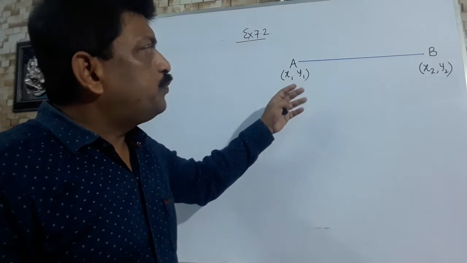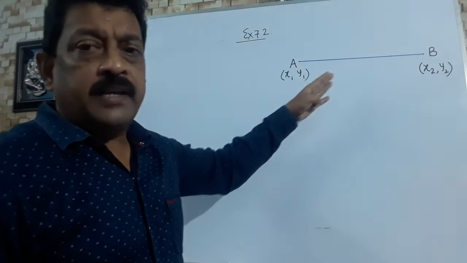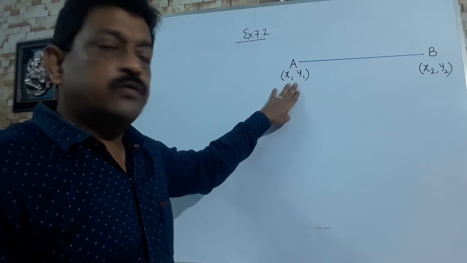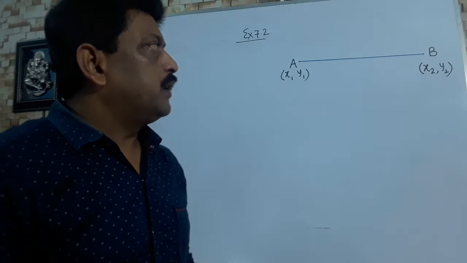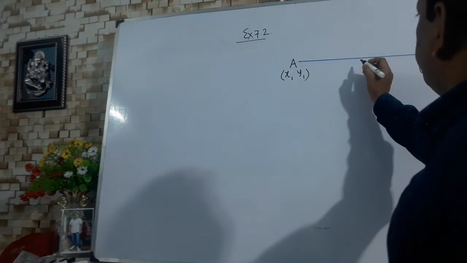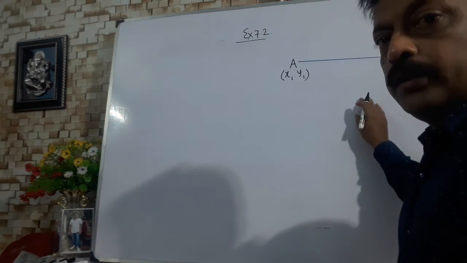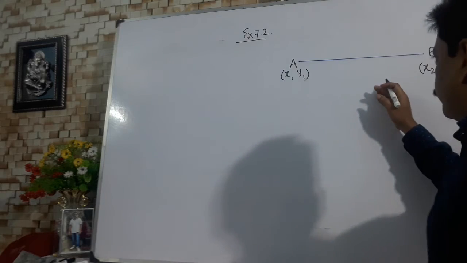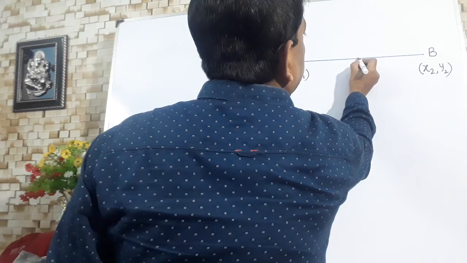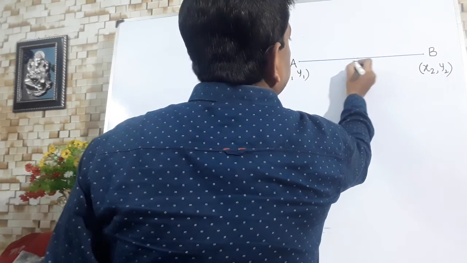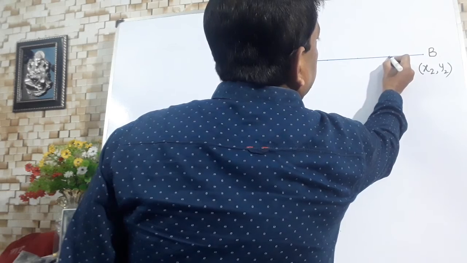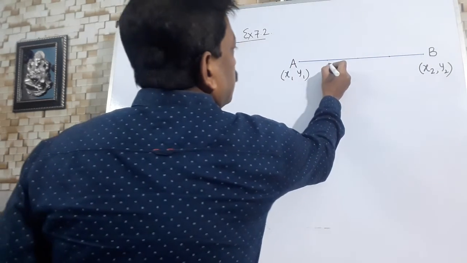A and B are 2 points which are joined by a line segment AB. The coordinates of A I have taken as x1, y1 and B as x2, y2. Therefore, there must be 3 points in between A and B to divide it into 4 equal parts. Let me take the points as P, Q and R. These are the 3 points.